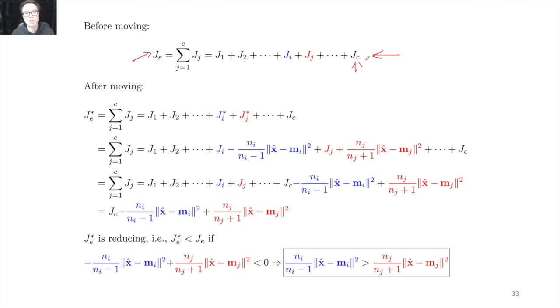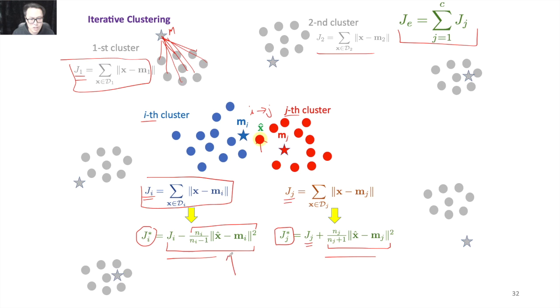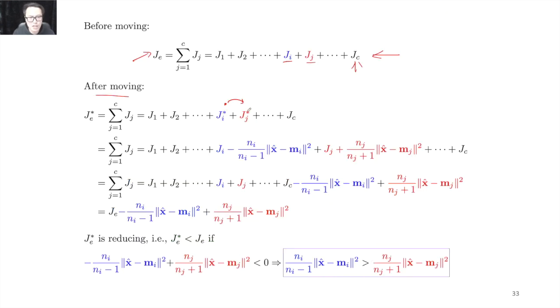After moving a point from i to j, we need to update these two costs. According to the previous slide, the updated values are this and that. So I'm going to replace Ji and Jj by Ji star and Jj star, these two updated values. We collect the terms J1 up to Jc and put them right here.